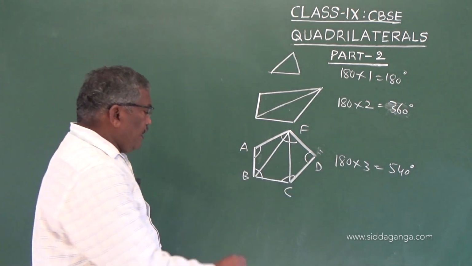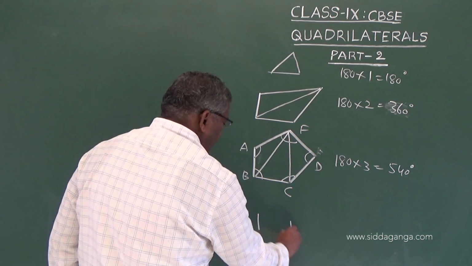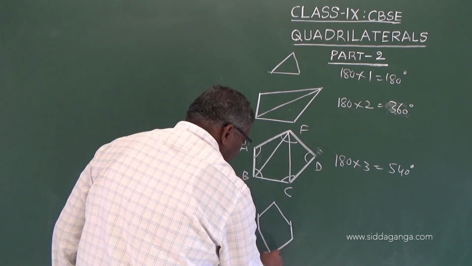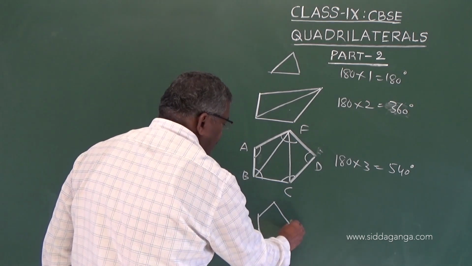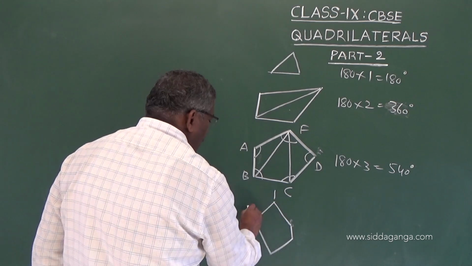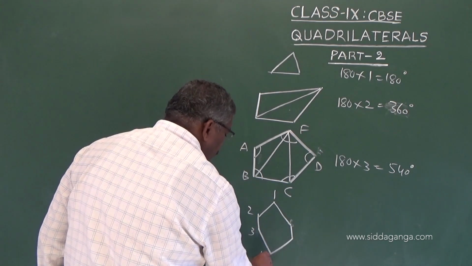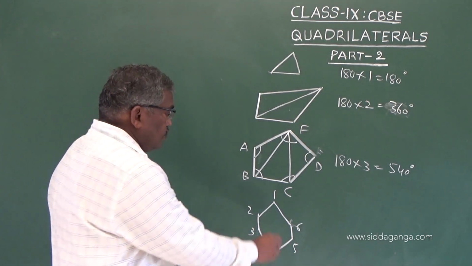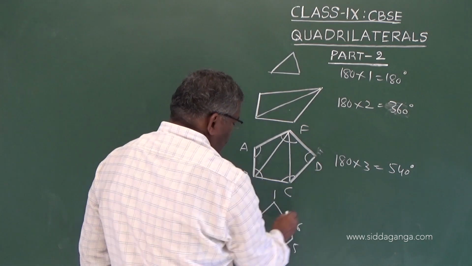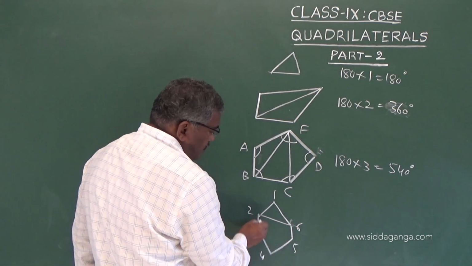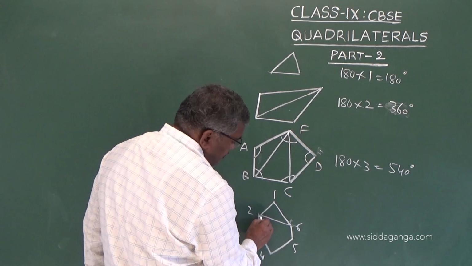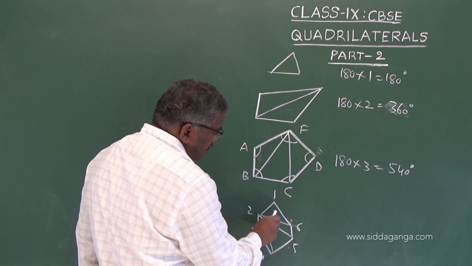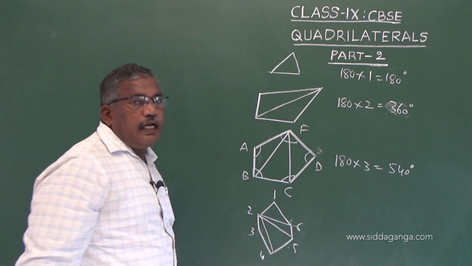Similarly, for a hexagon, a figure with 6 sides like this. It is a hexagon. So 6 sides: 1, 2, 3, 4, 5, 6. If you join like this, you can also join from here to here. You can convert it into 4 triangles.